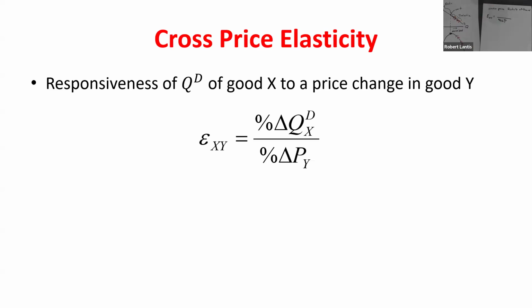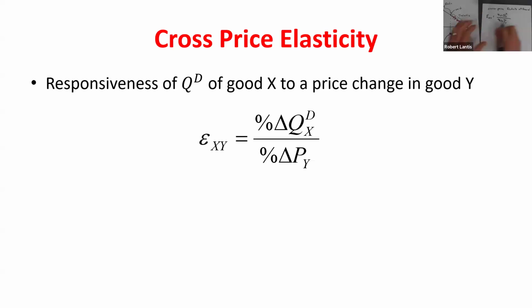So now it's not the price of good X that's changing, it's a cross price. It's looking at a different good. So it's when the price of some other good Y changes, how is the quantity demanded of good X responding to that? So if I have substitutes, right?